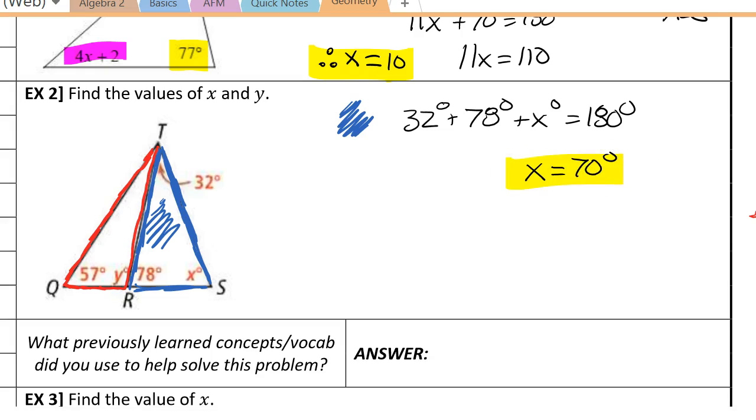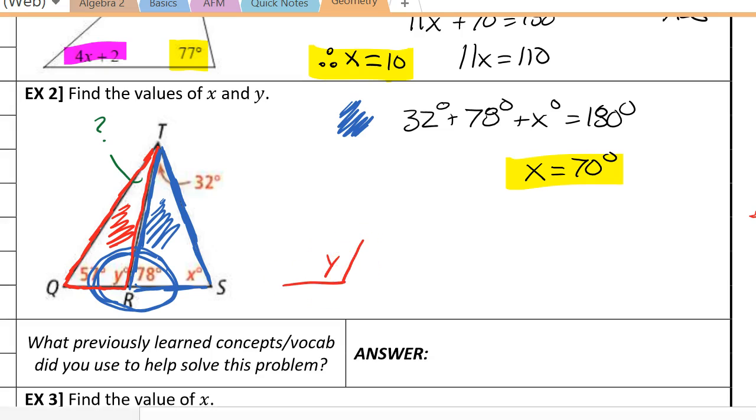For the other triangle, my red triangle, I don't actually know the third angle up in this upper corner. But I don't really need to, because if I focus in on this relationship at the very bottom of my screen, I'm going to go ahead and redraw that angle. I have angle y, and I have angle 78.